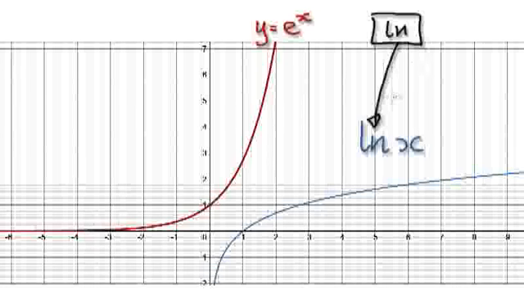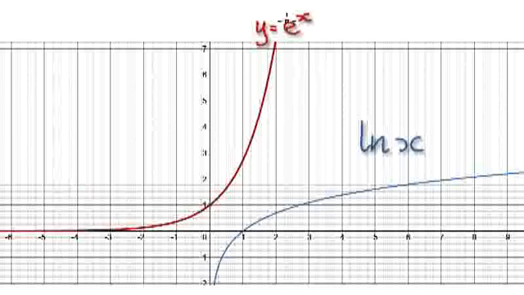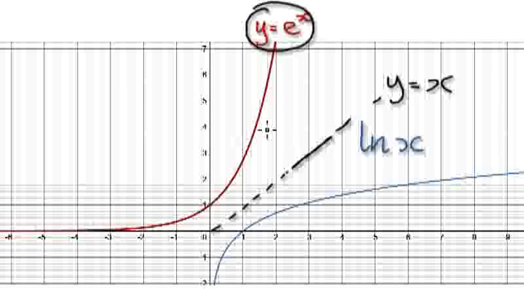So if you punch in natural log of x, it will give you this blue line here. Now this blue line is really the inverse of this red line here. It is a reflection along the diagonal y equals x line. So this is an inverse of this, and in a way this is an inverse of this blue line.